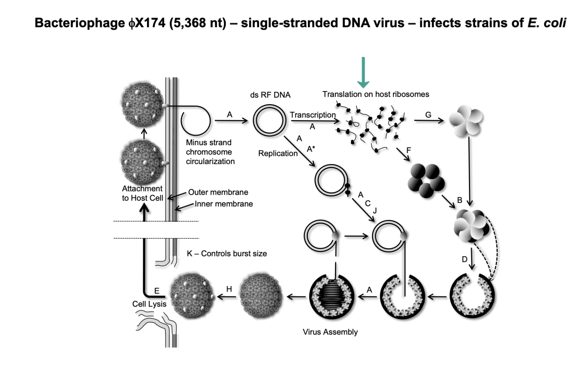Those mRNAs are then translated on host ribosomes to make part of the virus particle into which the DNA will be threaded. In addition to the A protein, the A star protein is made, and in conjunction with the proteins C and J, causes rolling circle replication of the genome.